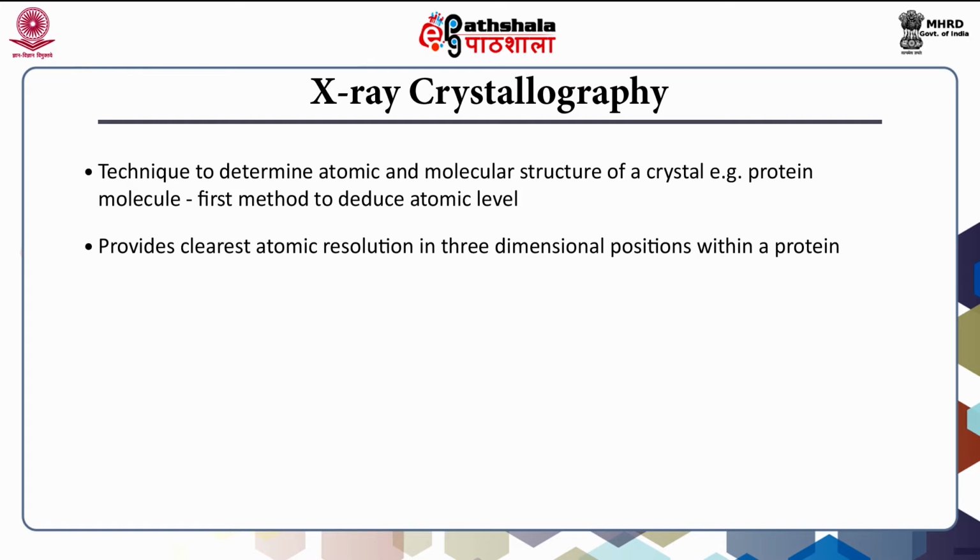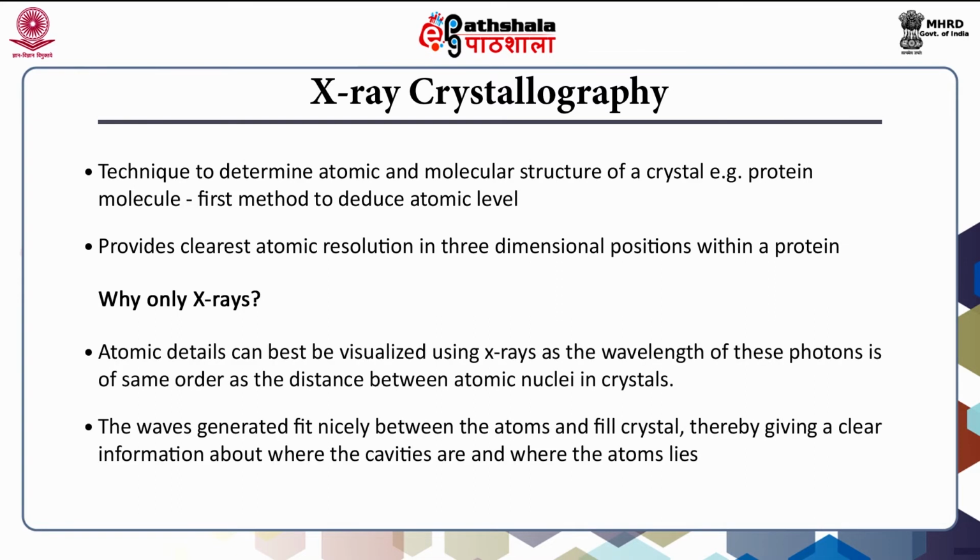Interestingly, why do we choose X-rays for the determination of protein structure or any biomolecular structure rather than any other radiation? One reason is that, out of all forms of radiation, X-rays provide the best resolution for the determination of molecular structures, because the wavelength of these X-rays is approximately similar to that of a covalent bond.